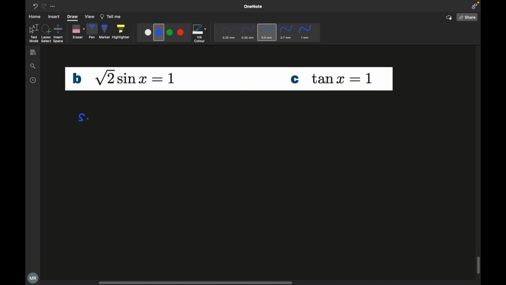Let's solve the next two questions. We have sine x is 1 by root 2. So sine inverse of 1 divided by root 2 is 45 degrees, which is pi by 4. And now the second value would be pi minus pi by 4, which is 3 pi by 4.